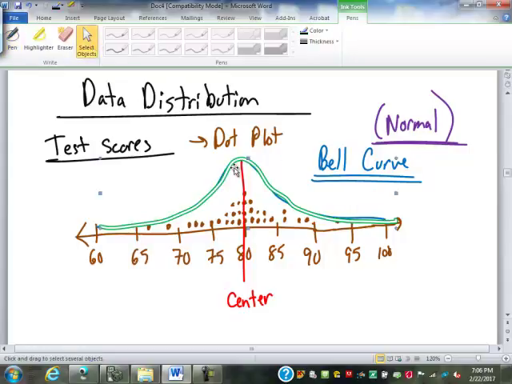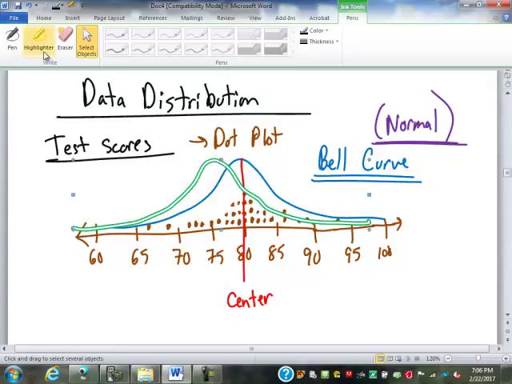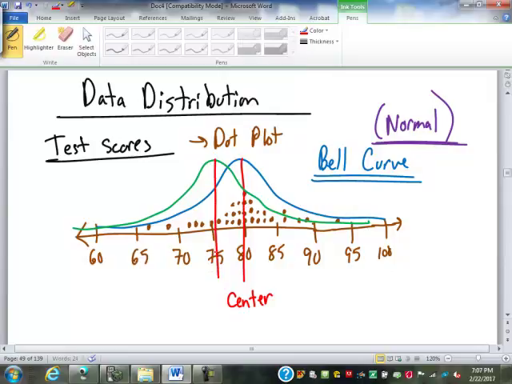This green curve represents the test scores for another instructor's class. How would you describe the difference between those two curves? Well, the center of the green curve is less than the center of the blue curve.